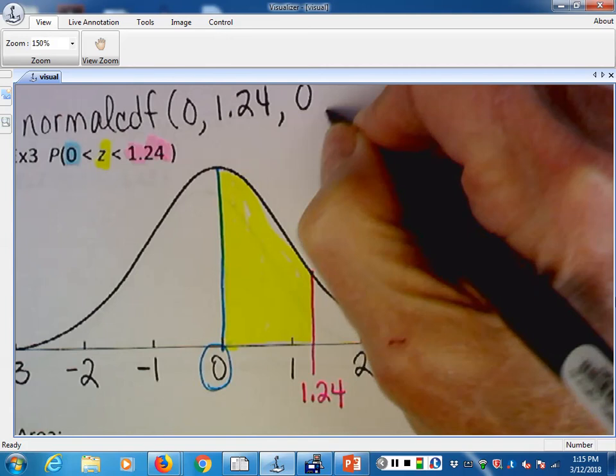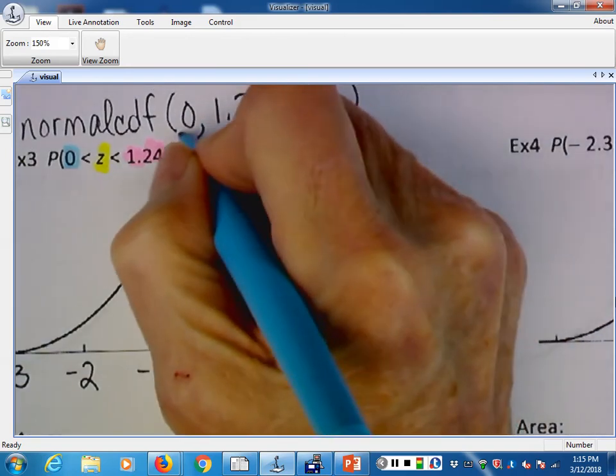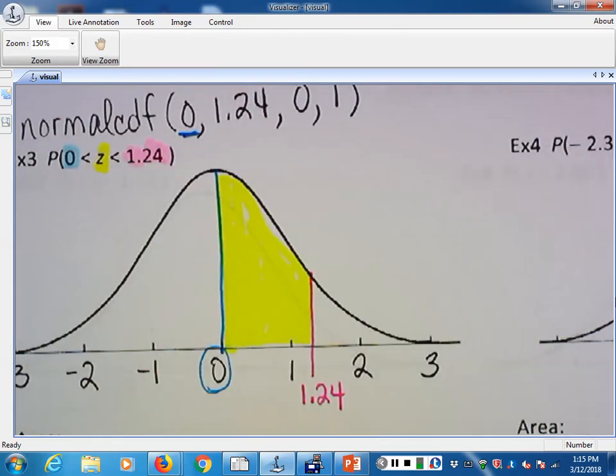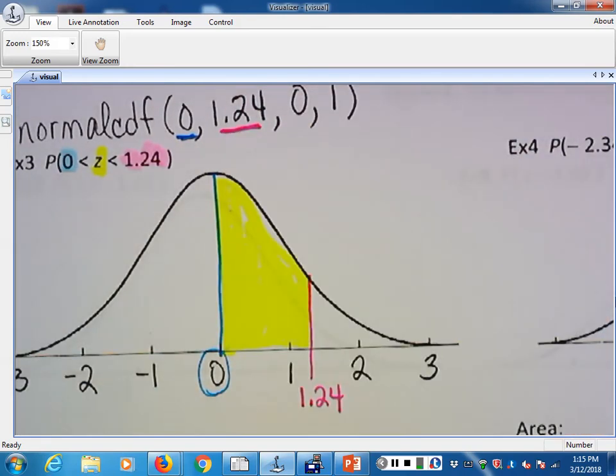The mean is 0 and the standard deviation is 1. So see what you get.